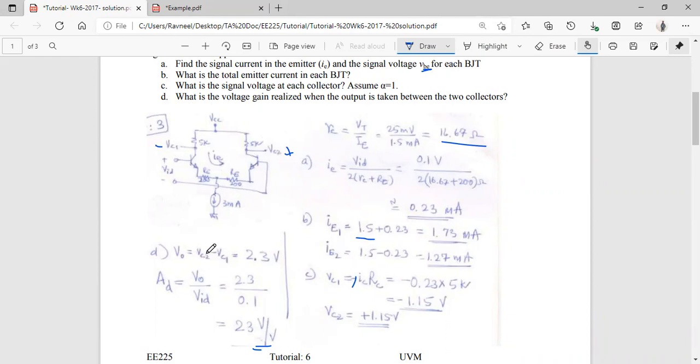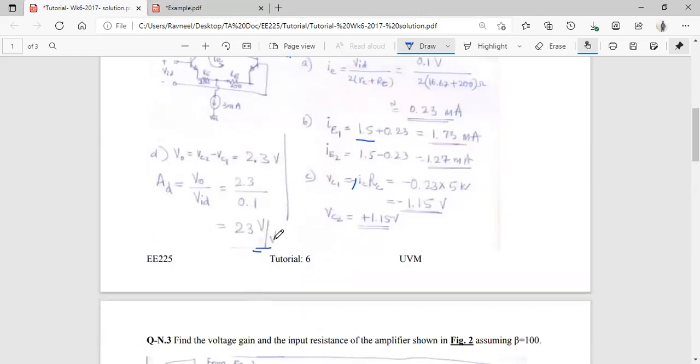In that particular case, that would be 1.15 volt minus negative 1.15 volt, and you'll be getting 2.3 volt. So once we have identified our output voltage, that is 2.3 volt, we can substitute it into this formula, output voltage upon input voltage, that is 2.3 volt divided by the input voltage, 0.1 volt.